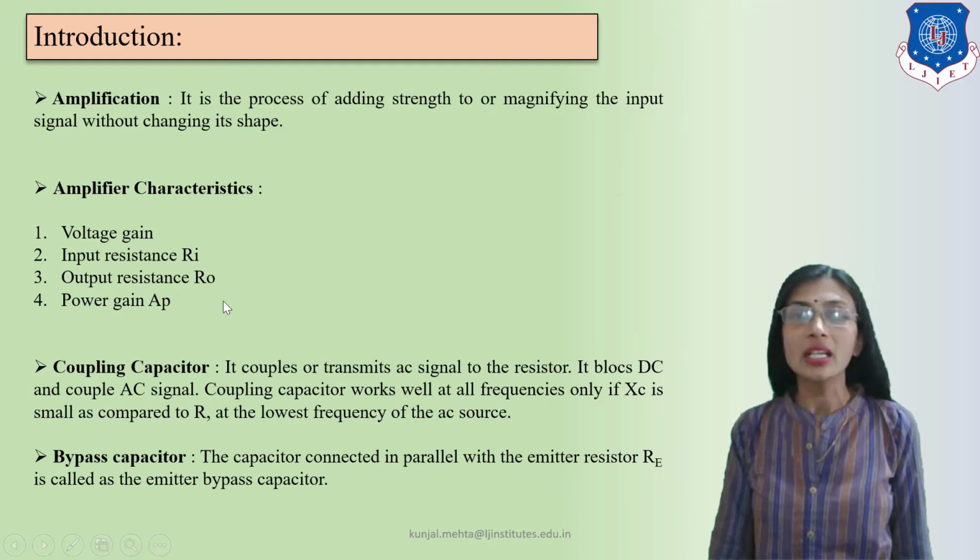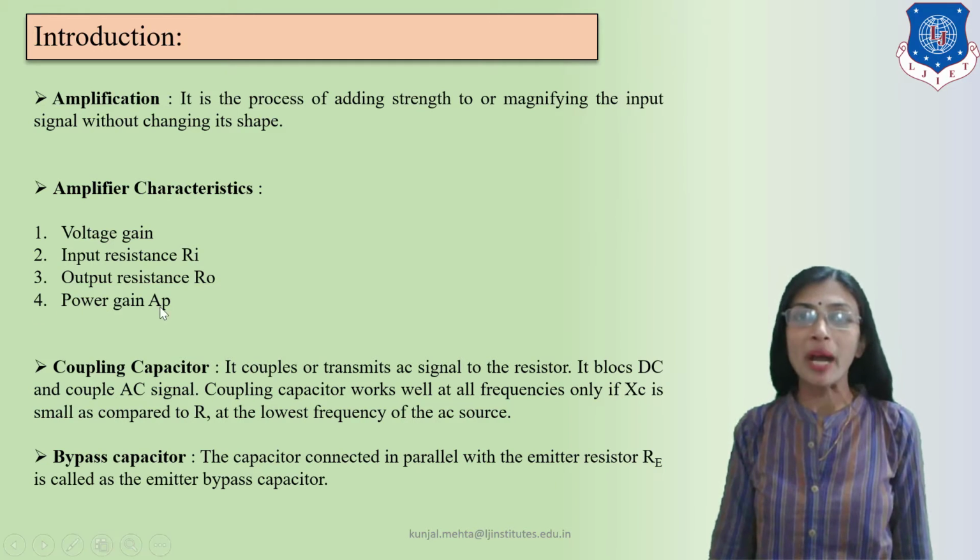Output resistance, which is denoted by Ro, and 4. Power gain, which is very important for amplification and is written as AP. So these are the parameters: voltage gain AV, power gain AP, and Ri and Ro are the input and output resistances.